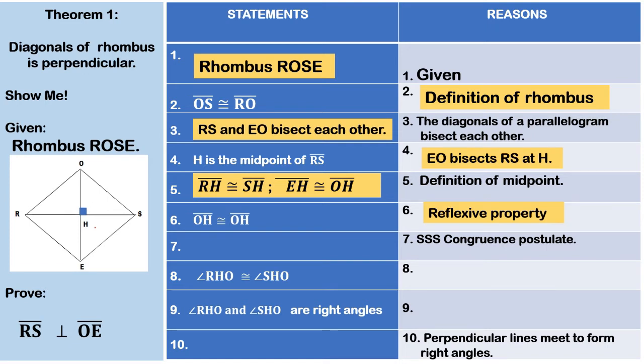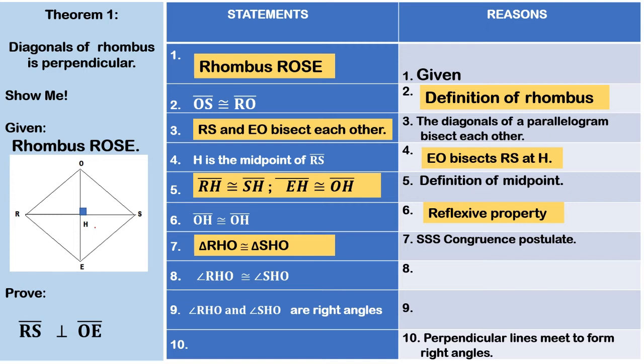From the previous statements number 2, number 5, and number 6, it will lead us to the next statement, which tells us that triangle RHO is congruent to triangle SHO because of the SSS congruence postulate, or the side congruence postulate, which states that if the corresponding sides of two triangles are congruent, then the two triangles are congruent.